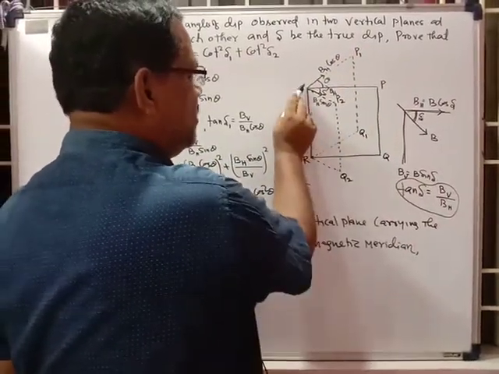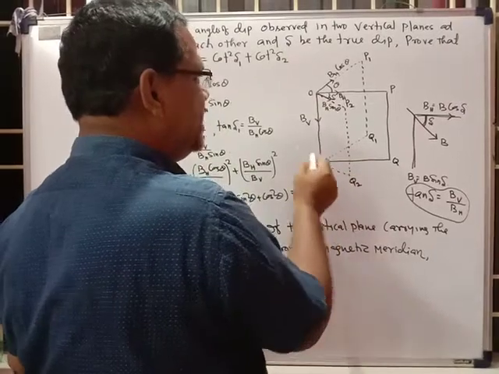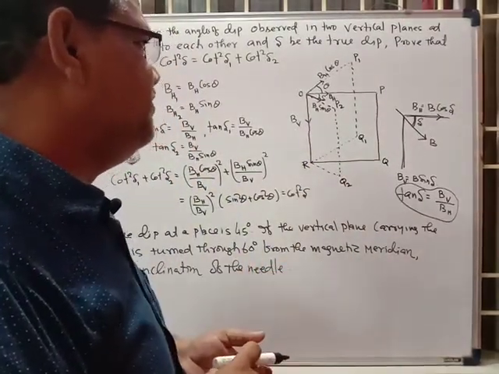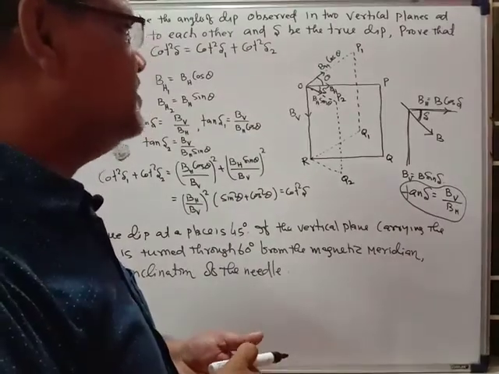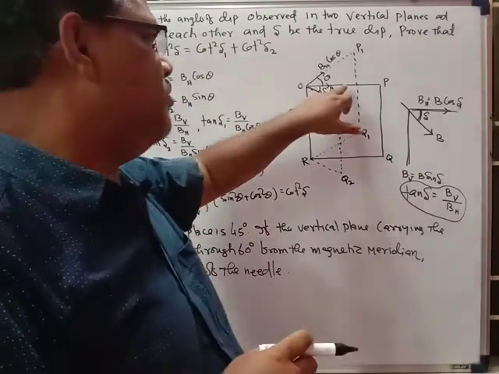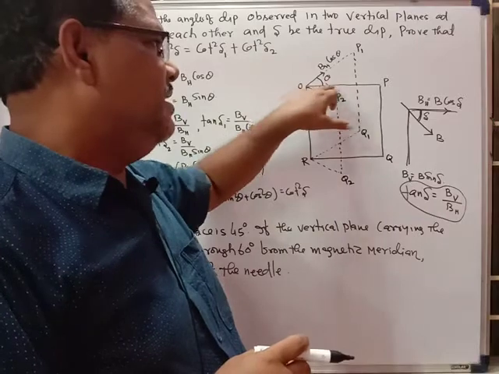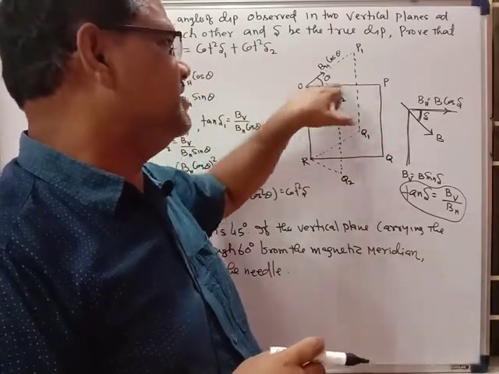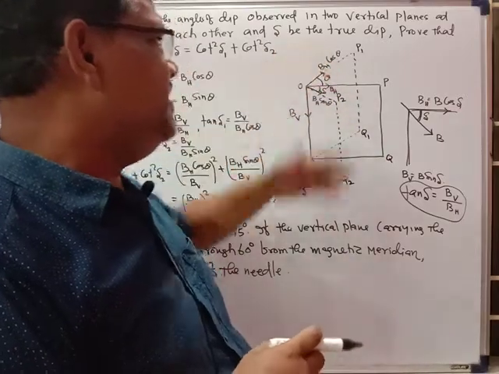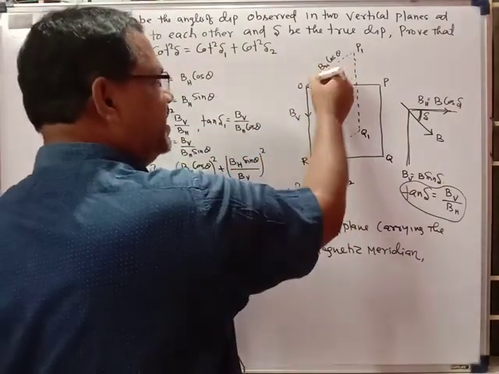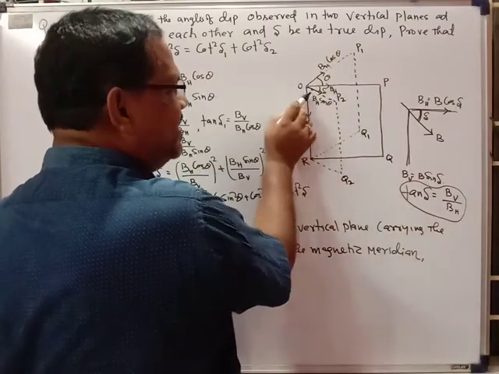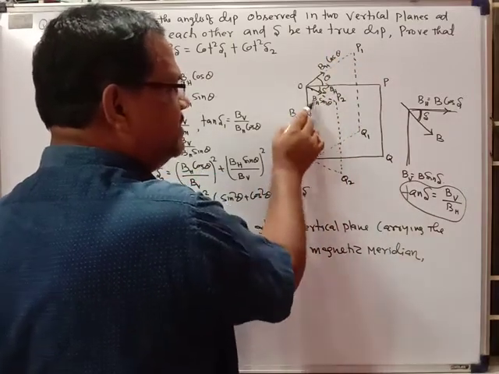OP1Q1R and OP2Q2R; these two vertical planes are mutually perpendicular to each other. If you resolve the horizontal component, along this plane it will be BH cos theta, and along the other plane it will be BH sin theta.